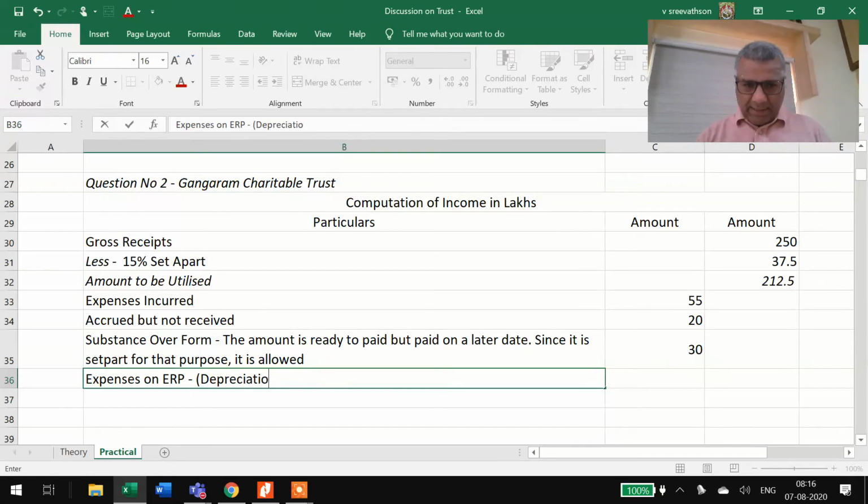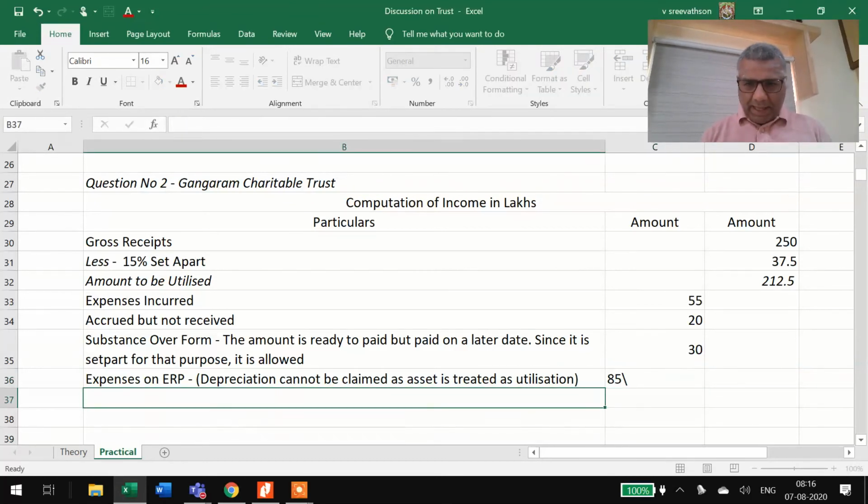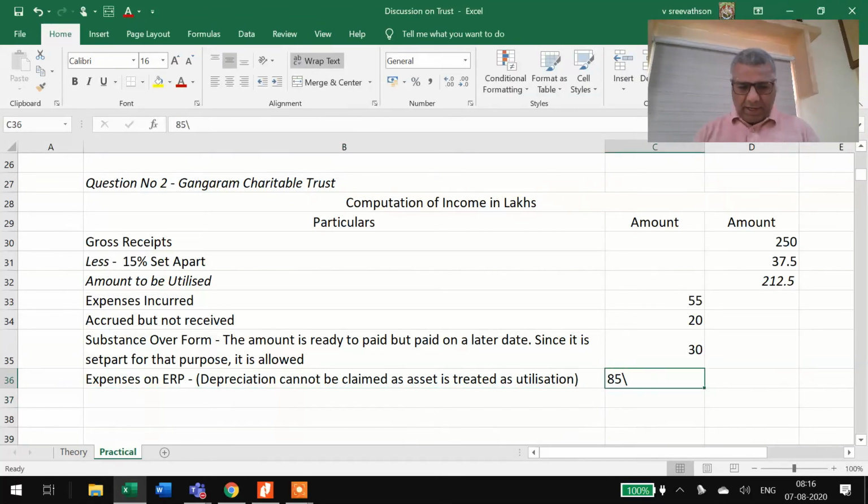Please write this in the exam also. Depreciation cannot be claimed as the asset is treated as utilization. Though they are not claimed, as a value added answer, please always write that.